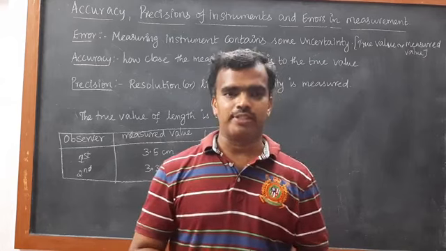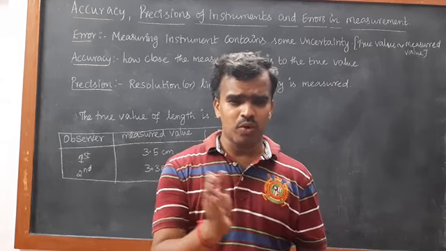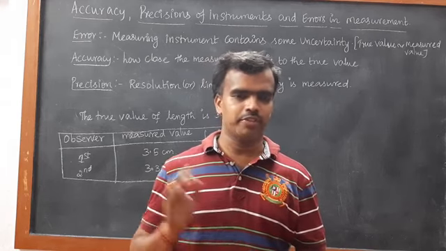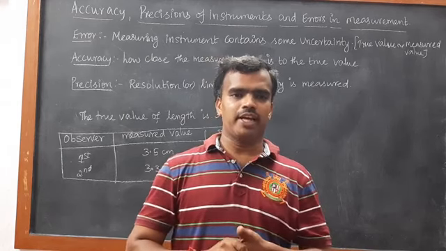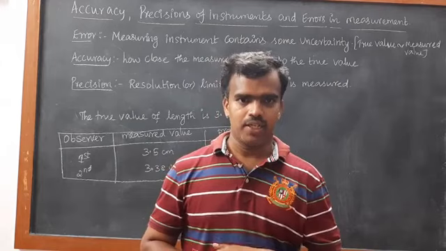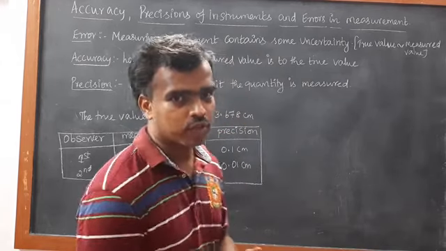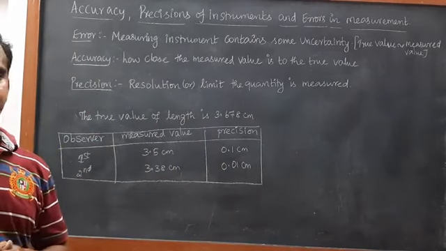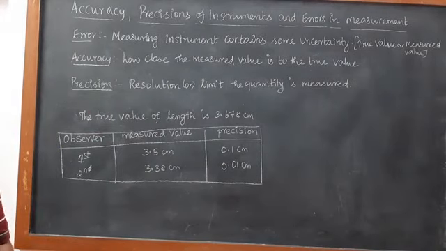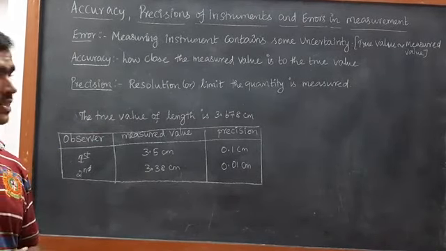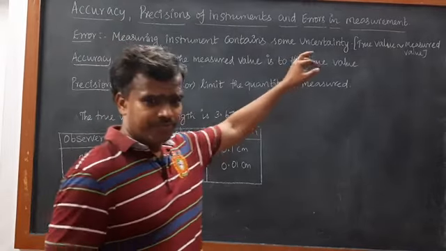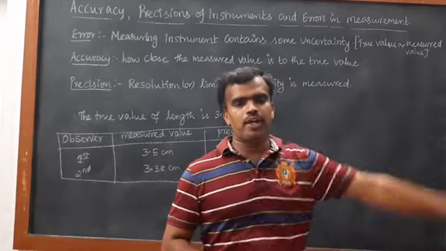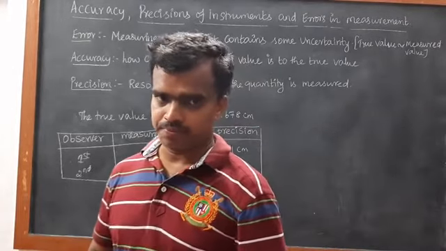And what is accuracy? How close we are to that true value, that gives accuracy. Precision tells about the resolution. Let me move on to the topic. Error: measuring instruments contain some uncertainty. Theoretically it is uncertainty, but practically, the difference between true value and measured value gives the error.